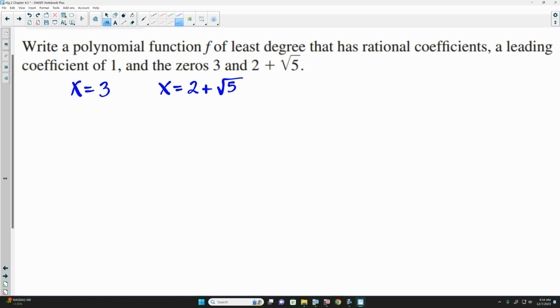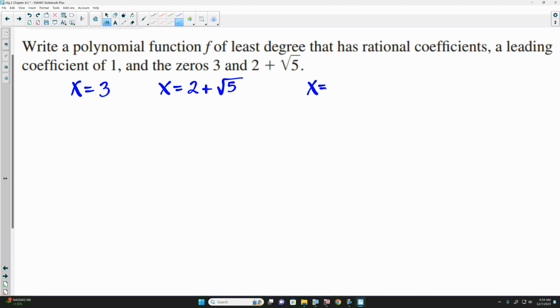Now, the whole wording up at the top, find the polynomial of least degree, all that's saying is each one of these zeros only shows up once. If it's listed twice, that's as many as it shows up. And we're not going to multiply it by a number. I will show that in the end. But we have these two as solutions. But it does mean we have a third one.